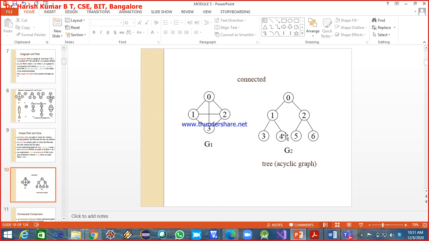Why do we say it is incomplete? Can anyone tell why the graph G is incomplete? Now, why do you say this is incomplete?